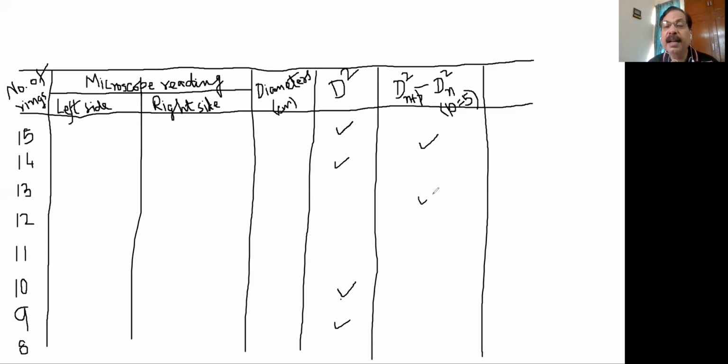So you will get a set of D n plus p square minus D n square values, and now take the average of these values. In the last column, we take the average value.